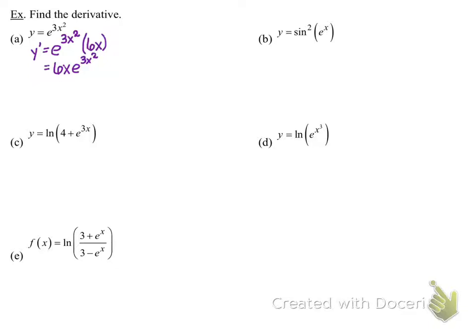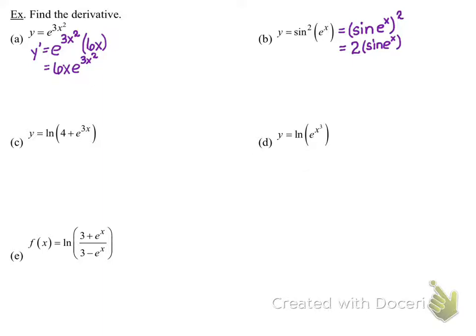On B, we need to take the derivative of the outer function, and the outer function is actually the squared, so the outermost layer of that onion is actually the function squared. So I'm going to rewrite that so you can see that. So all I've done right here is taken the derivative of that outer layer.